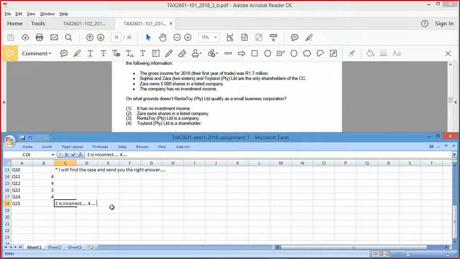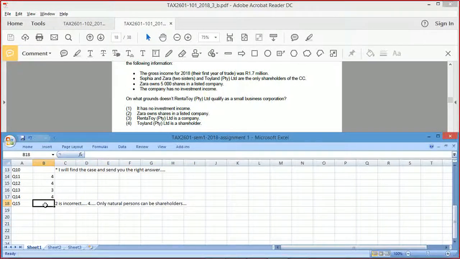4 is correct because only natural persons can be shareholders. That's something else that you need to check. It's specific. It's in the textbook and the study guide. They talk about the criteria for an SBC. You have to be a natural person.